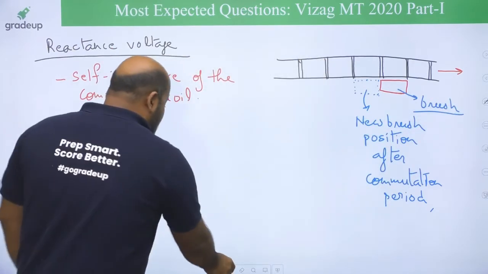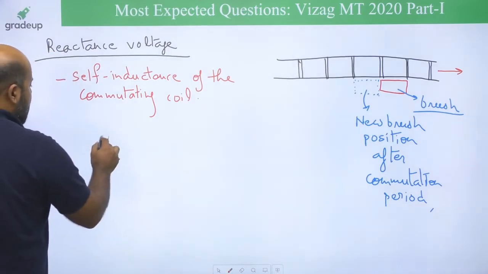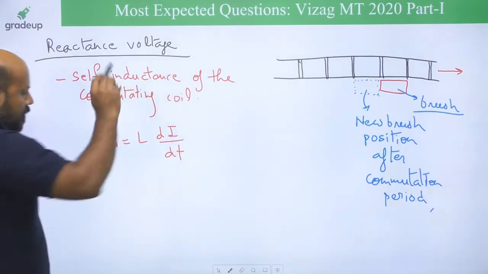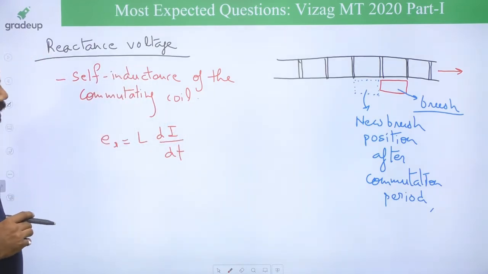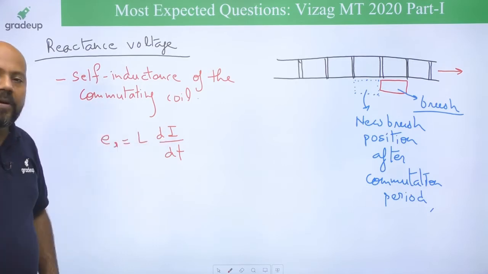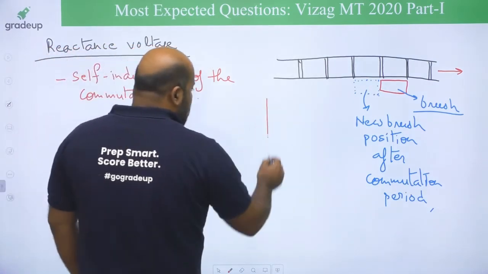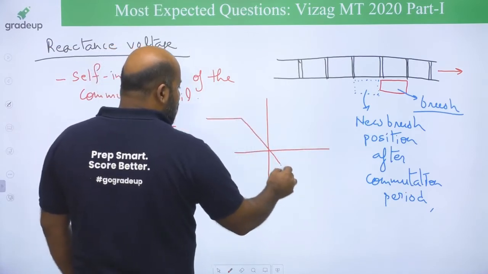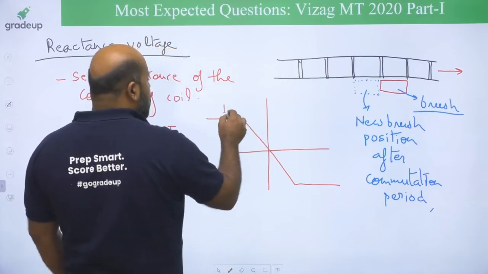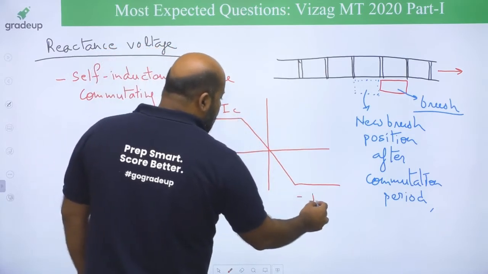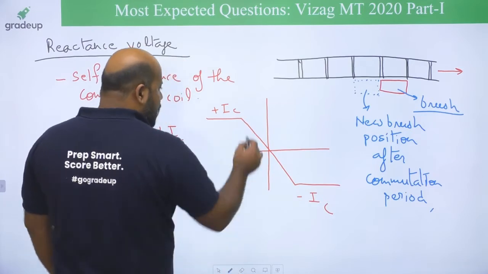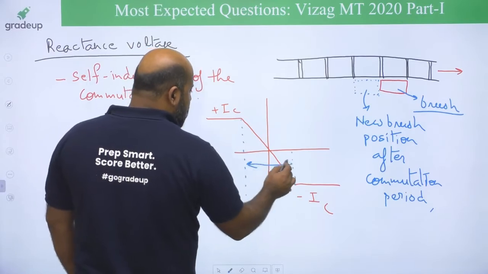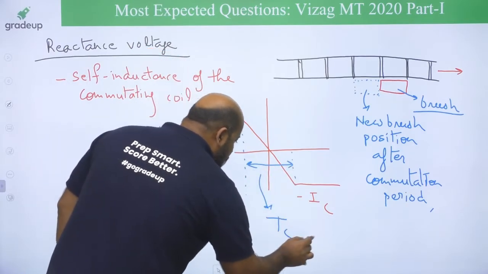You know that reactance voltage is given as L di by dt. What is this di? Change in the current. What is the change in the current? This is the ideal commutation, plus IC to minus IC, and this duration we are calling the commutation period.